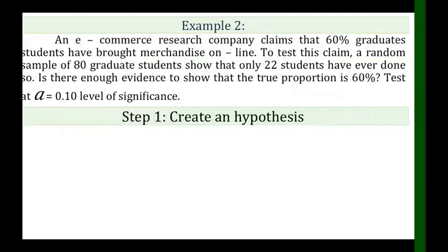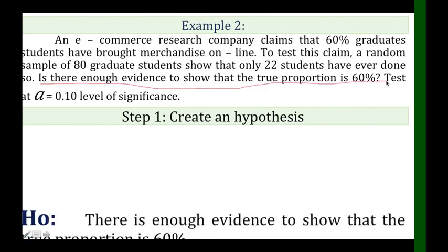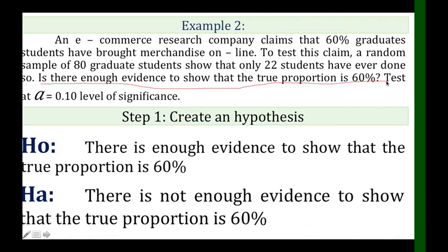Alright, for this one, first determine what is the statement or what is the question. So the question is, is there enough evidence to show that the true proportion is 60%? So you can create many statements there. It can be there is enough evidence to show that the true proportion is 60%, or there is enough evidence to show that the true proportion is not 60%.